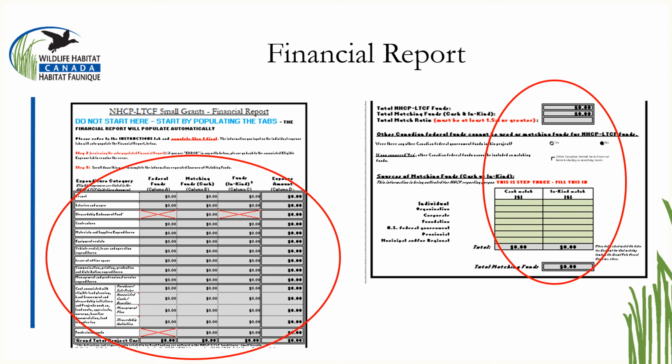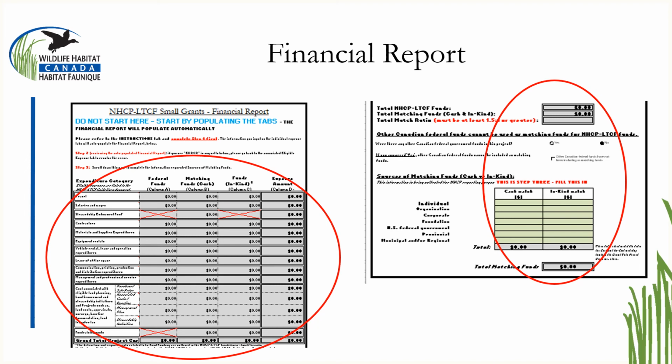Your receipts. Please ensure that the receipts and invoices are numbered and organized correctly to align with reporting. If a receipt has multiple costs assigned to different expenses on the report, please indicate on the receipt which expense it is associated with, as indicated on the financial report.